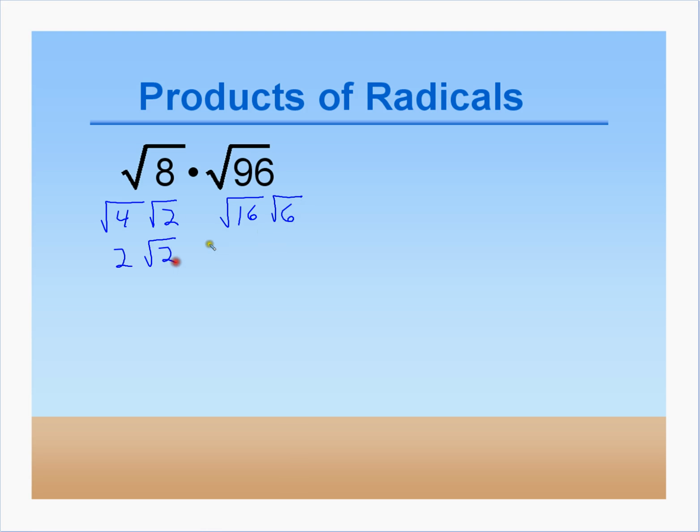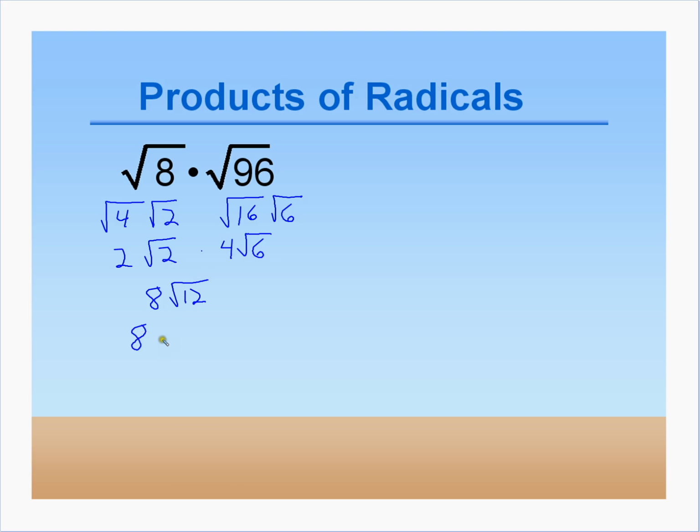So we have 2 root 2 times 4 root 6, and now we can multiply our numbers that are not in the square root. 2 times 4 is 8, and then we have 2 times 6 is 12 in here, but we want to make sure it's simplified, and this one we are familiar with now, that this can be simplified more.